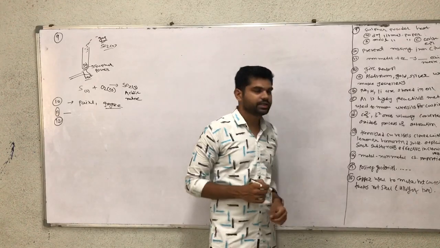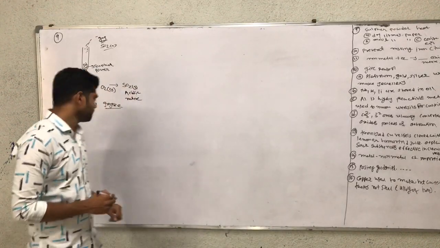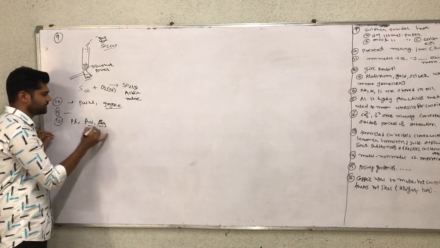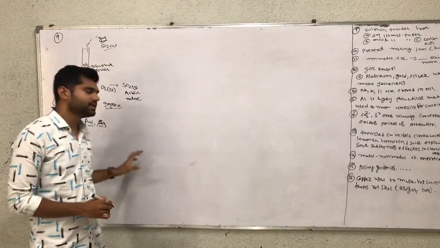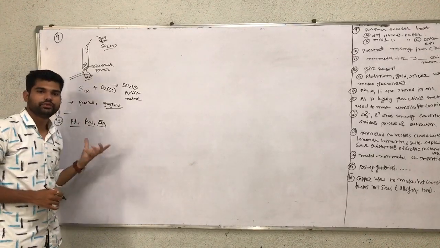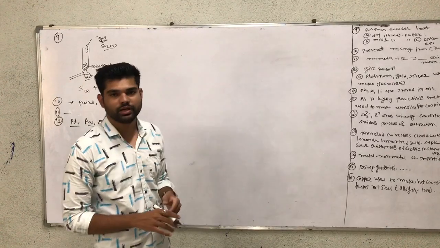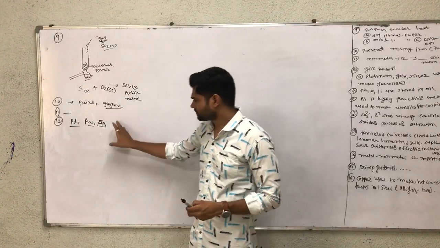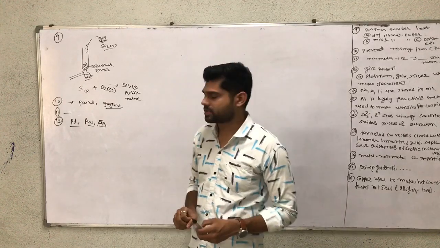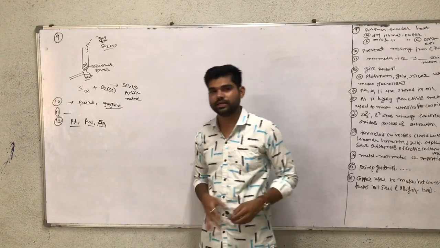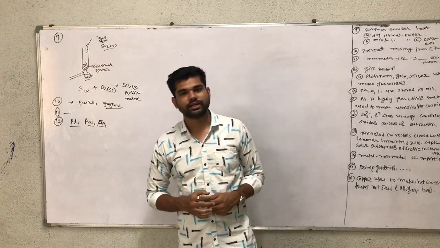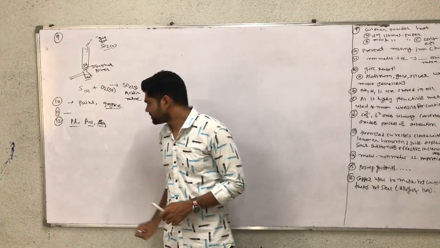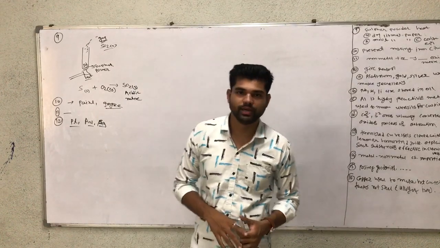First statement: platinum, gold and silver are used to make jewelry. The reason is that these metals are very less reactive, like non-reactive metals. So they do not react with moisture, air, etc. Corrosion of these metals is not possible because they are less reactive, and these metals are easily converted into sheets and wire to make perfect shapes. That is why they are used to make jewelry.